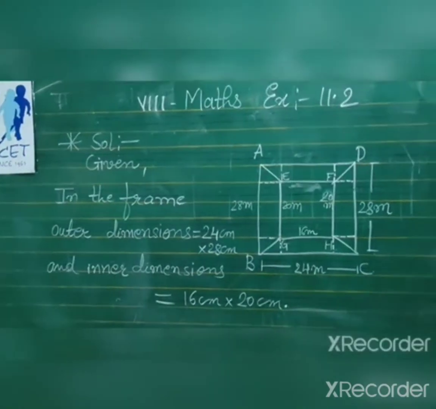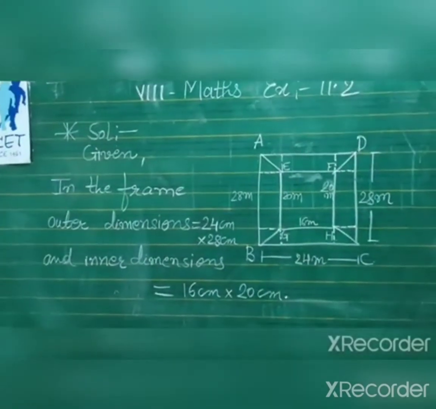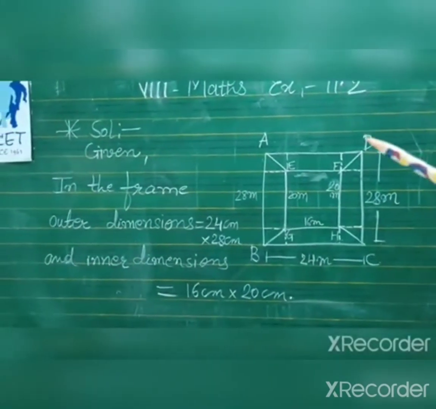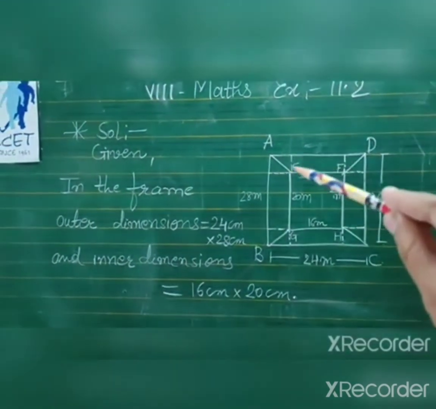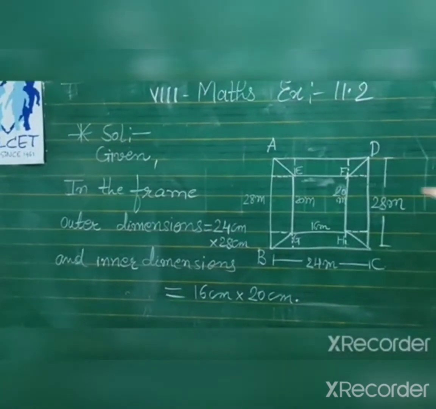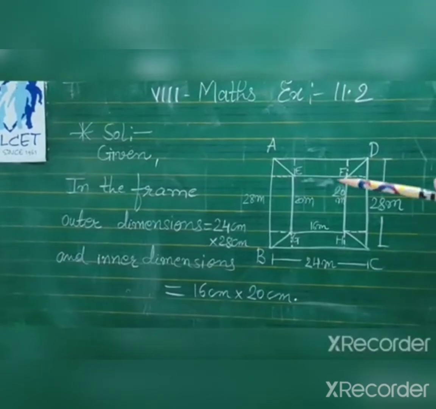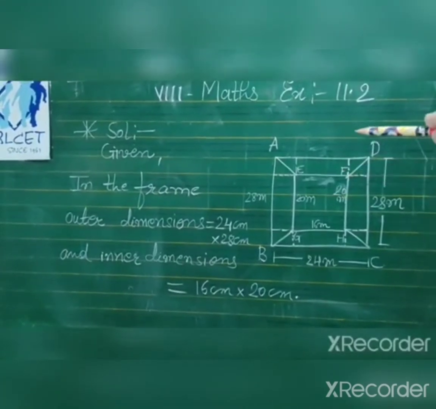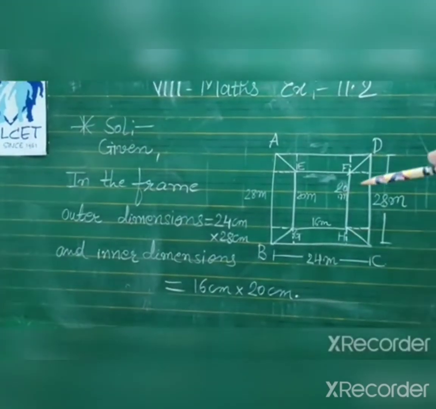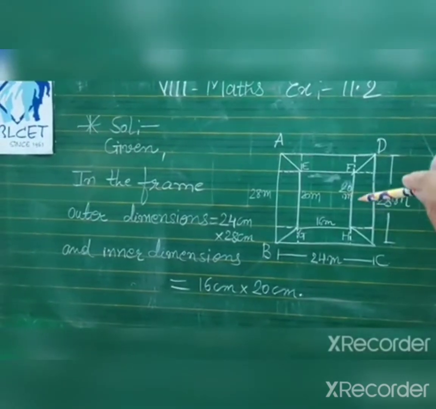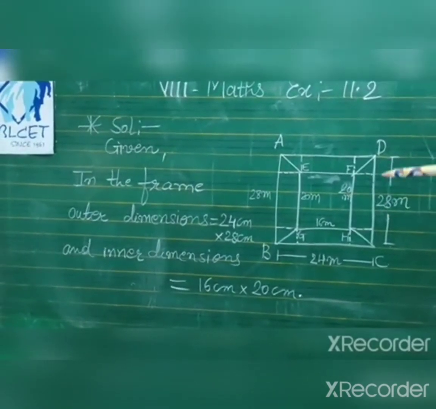So let us start. Children, please pay attention in this question. See here, the frame is given and I have drawn the dotted line for the width. Now see here, 28 centimeter and 20. So 4 will increase here, 4 will increase here. Then these opposite parallel lines will be equal.